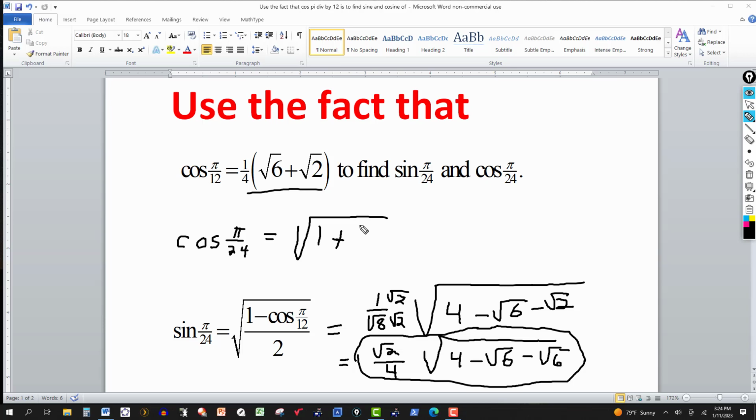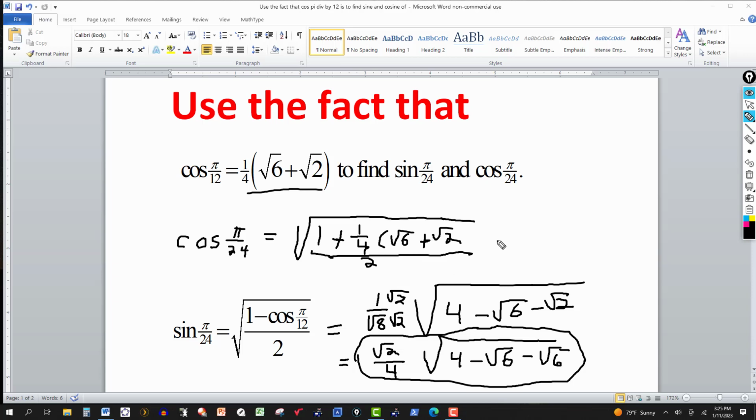So I put this up here: 1/4 times the square root of 6 plus the square root of 2, over 4, and down here we have a 2. The only difference was that for the sine this was minus, and here it's plus.